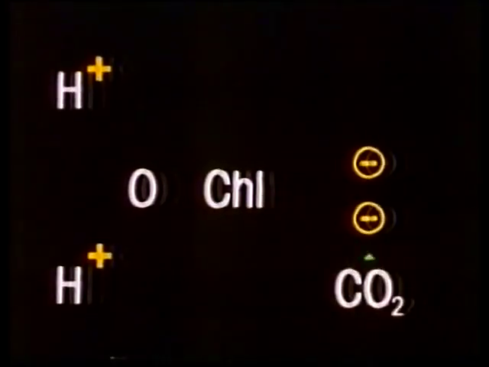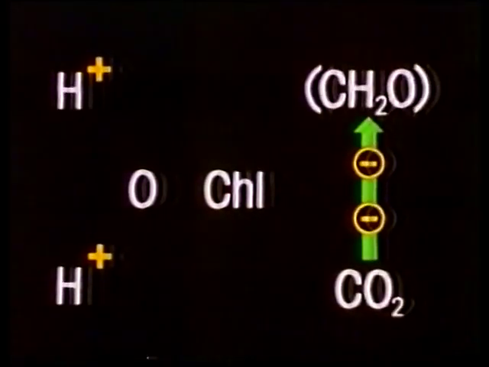Chlorophyll photosensitizes the decomposition of water into oxygen, 2 hydrogen ions, and 2 electrons per molecule. The electrons then reduce carbon dioxide to carbohydrate. If instead we could recombine the hydrogen ions and the electrons directly, we'd have hydrogen gas, and the overall reaction would simply be the dissociation of water into its elements.